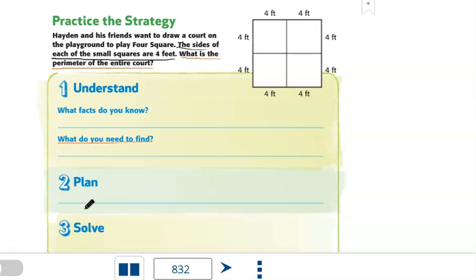And then the plan, just as in the other problem, we have been given the direction to plan, and that's the plan.